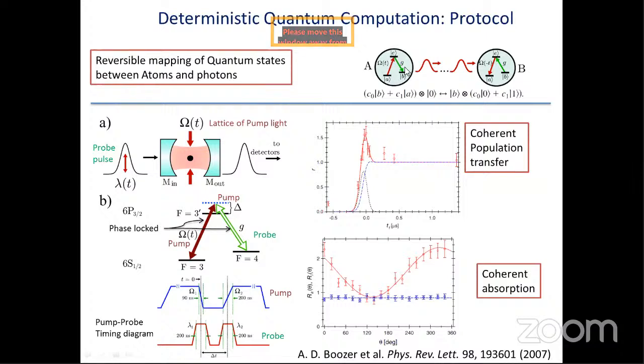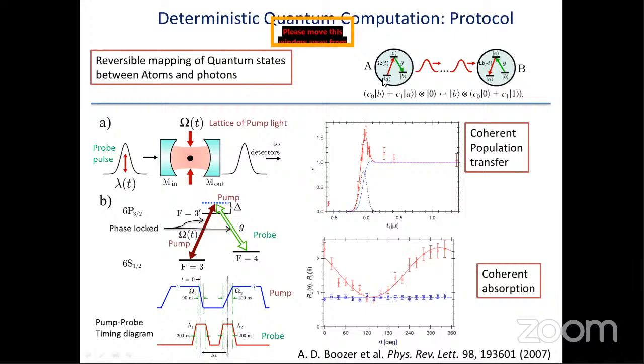Now, using this, people have done such experiments. So you have, say, two nodes. This is a cavity in which you have the atom, and then you have certain lasers to manipulate internal states. So there is a pump laser and there is a probe laser. These are the two ground states, and this is the excited state. This is a cesium atom, I think.